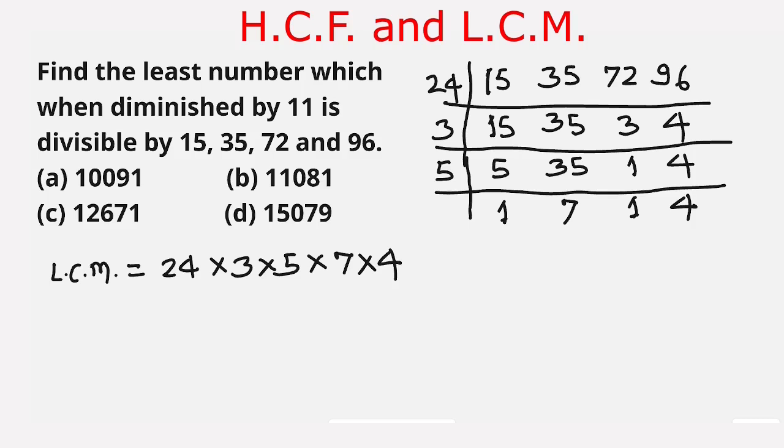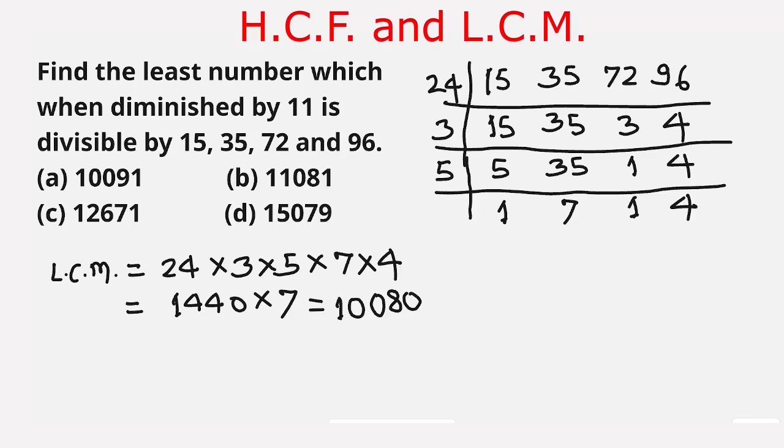Now we multiply 1440 by 7. 7 times 0 is 0. 7 times 4 is 28. We write 8 and carry 2. 7 times 4 is 28 plus 2 is 30. We write 0 and carry 3. 7 times 1 is 7 plus 3 is 10. So our LCM is 10,080.